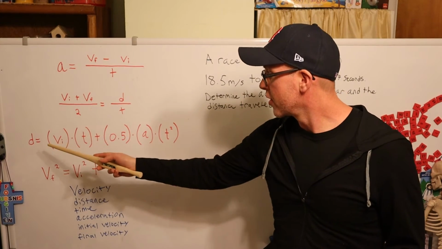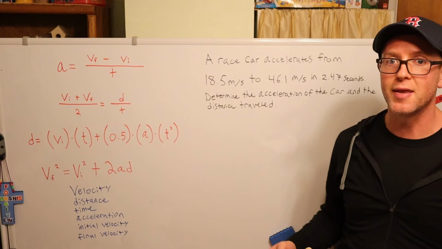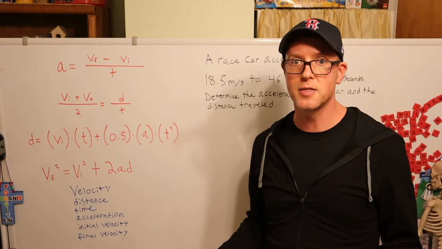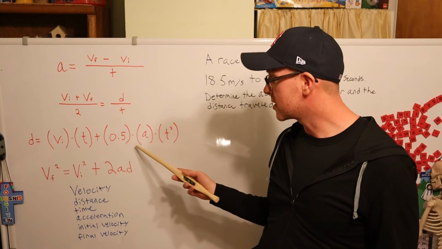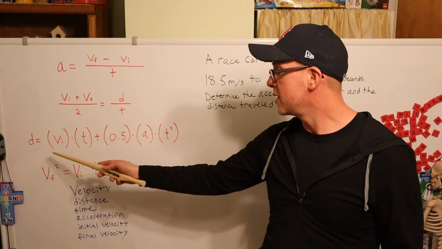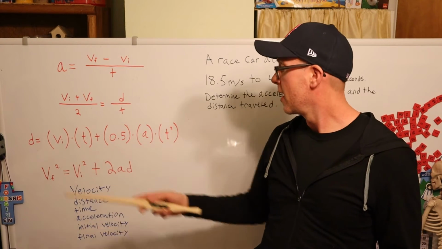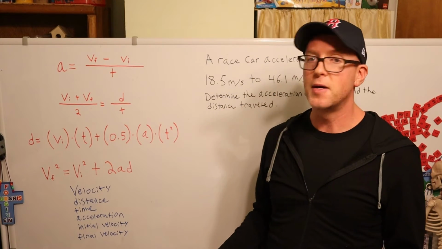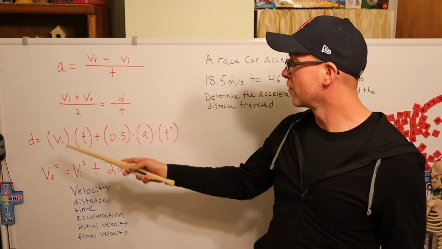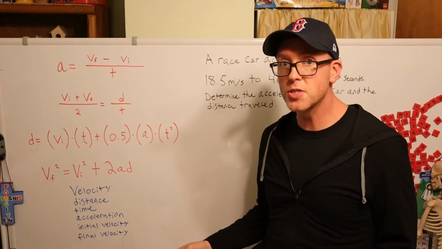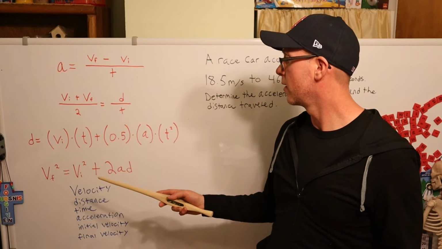Okay, this third equation you'll probably use a lot. I think I did the solutions for the worksheet that you're going to be doing, and I used this equation quite a bit. This is the equation for distance, and it's pretty straightforward. Basically, distance is equal to initial velocity multiplied by time, okay?